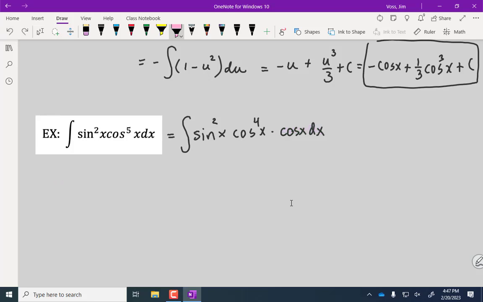All right, so converting the leftovers, we've got sine squared. That's just sticking around. We're going to let u be sine, so that's already positioned. Cosine squared is 1 minus sine squared. But then we have to square it to get to the fourth power.